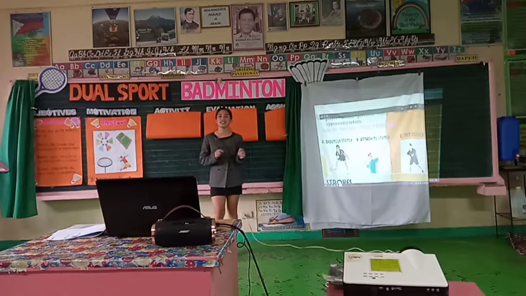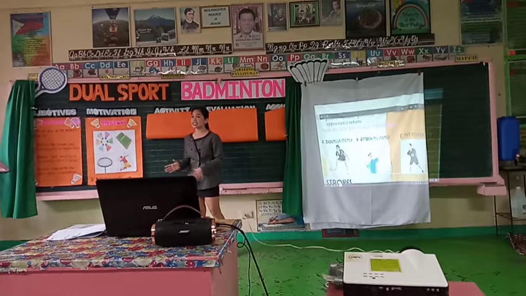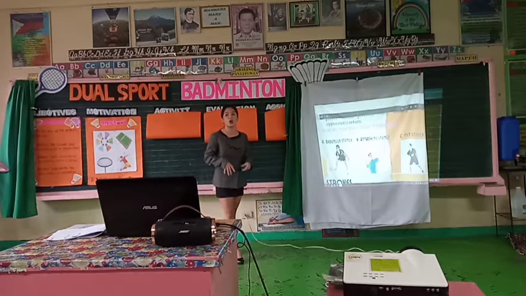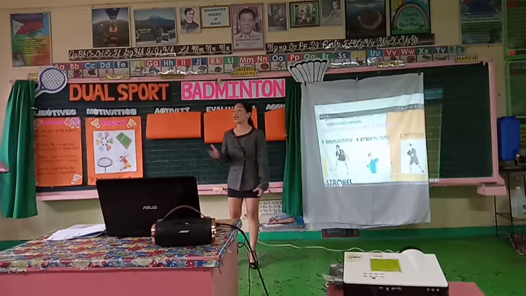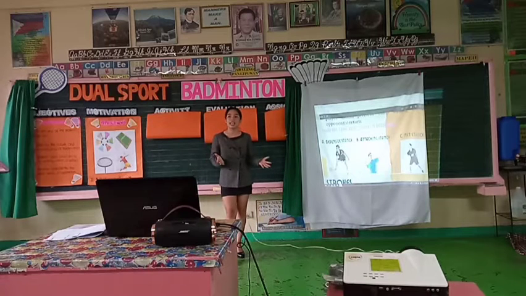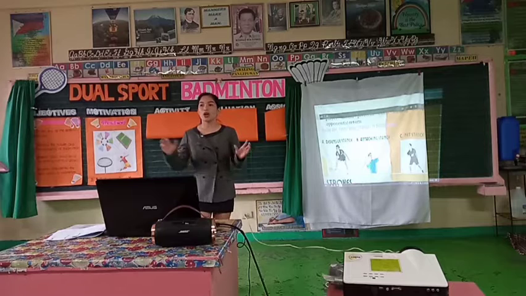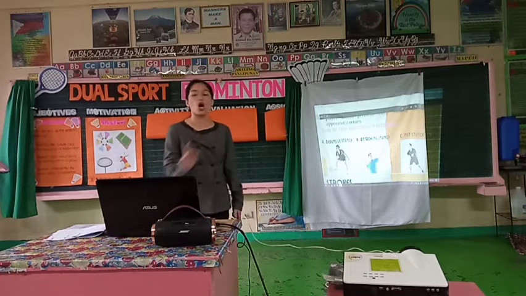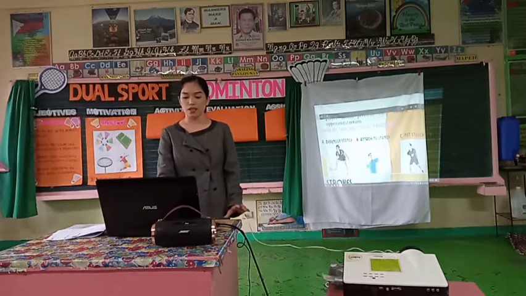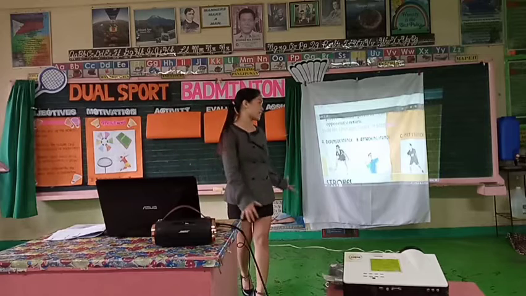By utilizing the attack stance and depending on the opponent's stroke, you can also send a drop shot. Drop shots can be used when receiving the shuttlecock from the front or back part of the court. That is the picture of the attacking stance.